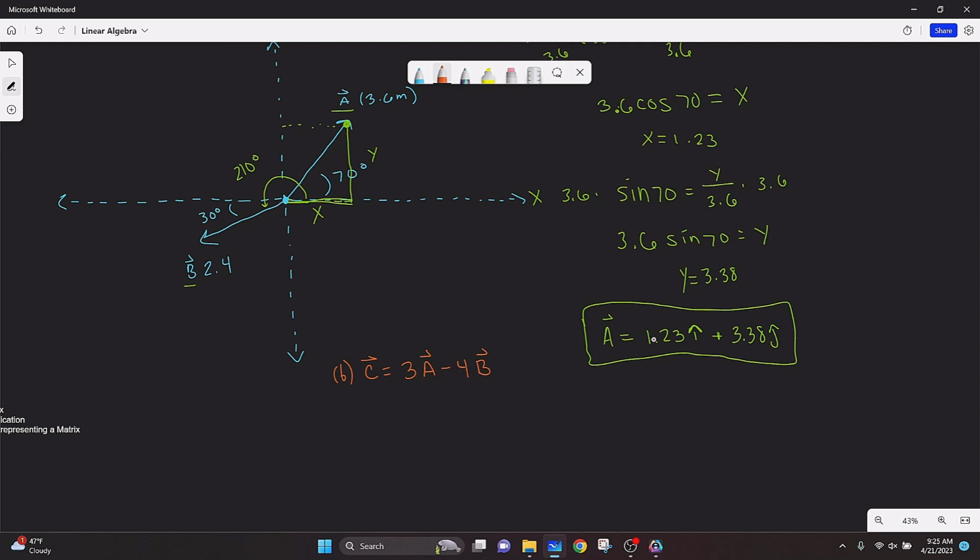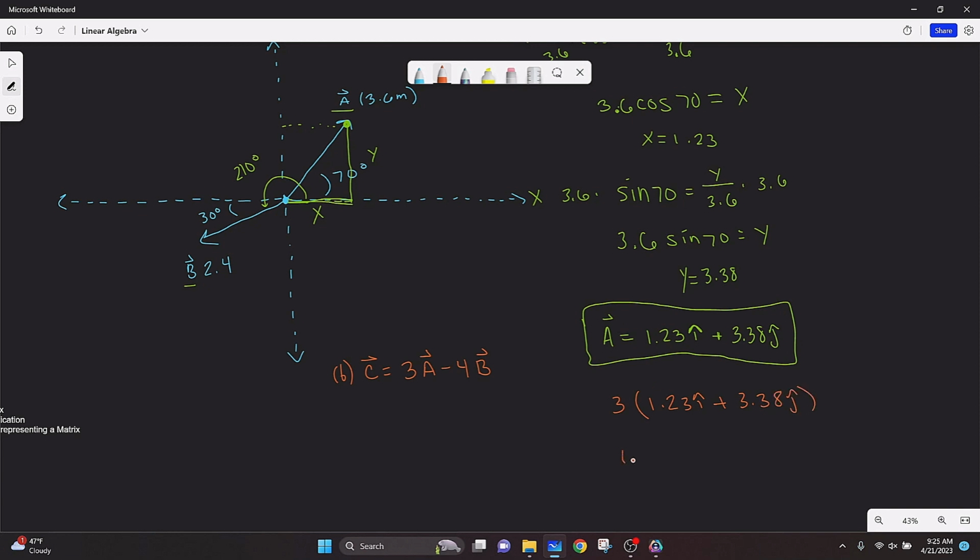And so we would take this 1.23 and 3.38 and we would multiply it by 3. So we would just take 3 times 1.23 i hat plus 3.38 j hat.